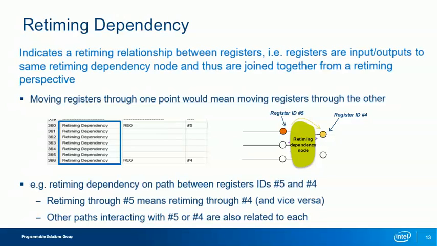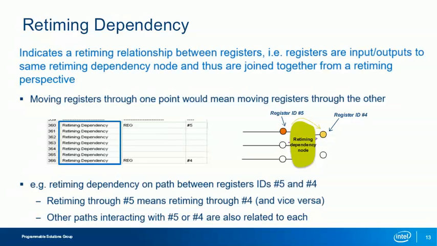Looking at the example on this slide, the retiming dependency from the sample critical chain report exists on the path between register IDs 5 and 4. Thus, retiming into number 5 means retiming into number 4 as well, and the opposite. If we look at the rest of this critical chain's path segments, we would find all of the points that make up this retiming dependency path segment, including register IDs 5 and 4, also exist as part of other path segments.